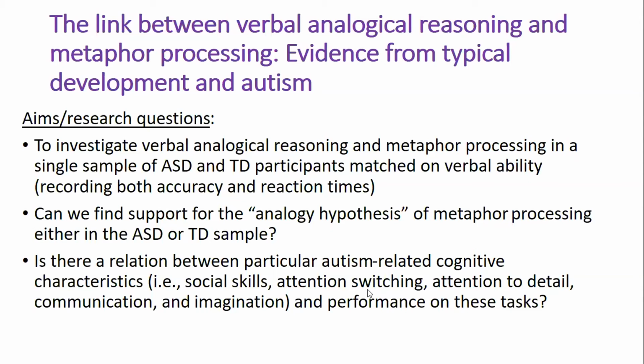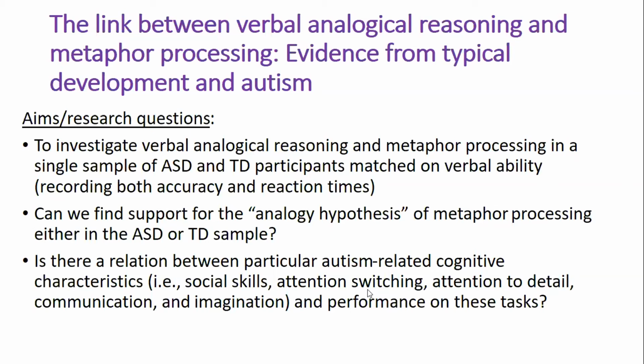Finally, we also looked at the relations between some typical autism-related cognitive characteristics. So, for example, probably you know that autistic people are characterized by some impairments in social skills, problems with attention switching, and at the same time, they are really strong in attending to details. So this is a typical strength in autism, which I mentioned earlier.